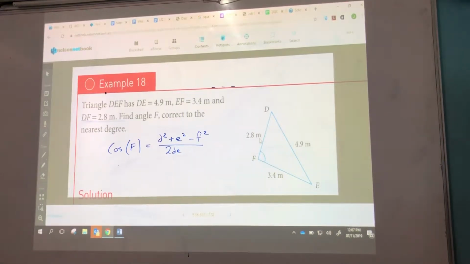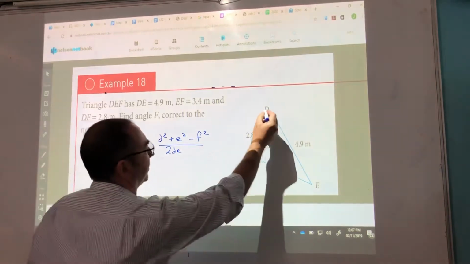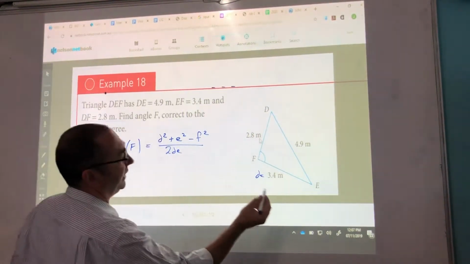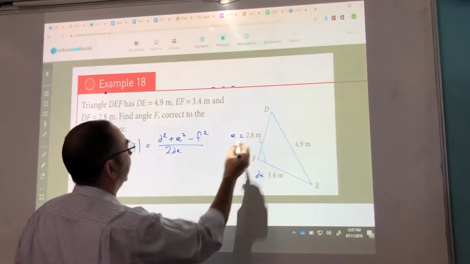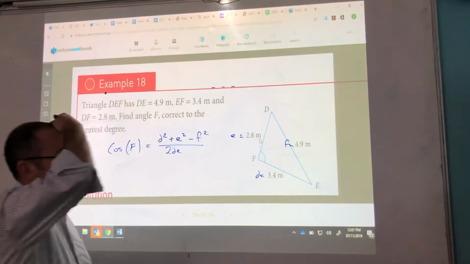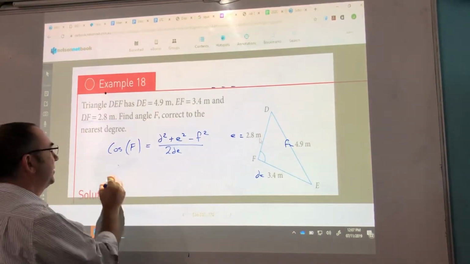So now it's just a matter of translating in the values that we know. Side little d is the side opposite angle D, little e is there, little f is over there. So the sides are opposite the points. Let's substitute in the values we know.